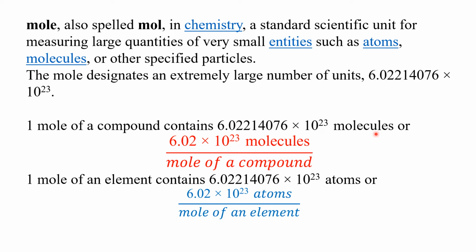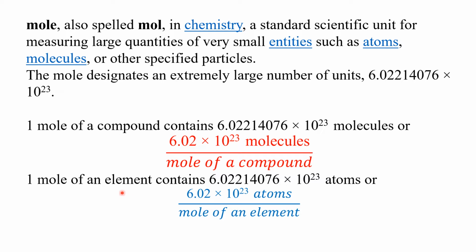So if we are talking of the number of molecules per mole of compounds, it is 6.02 times 10 to the 23 molecules per mole of compound. Or another way of saying it is 1 mole of a compound contains 6.02 times 10 to the 23 molecules.